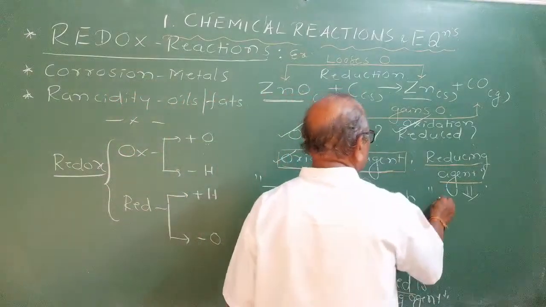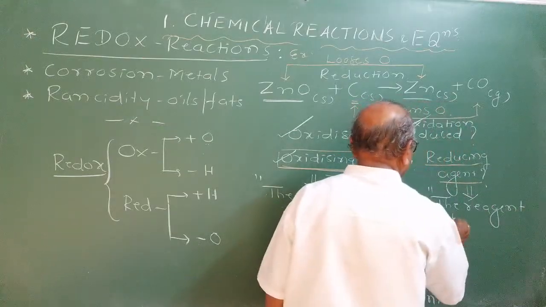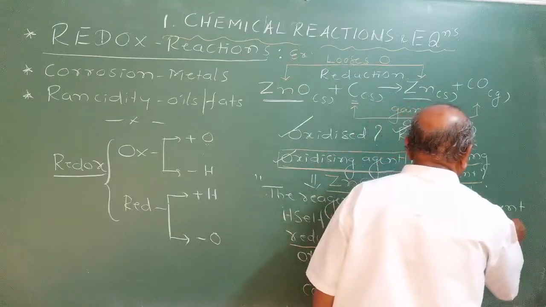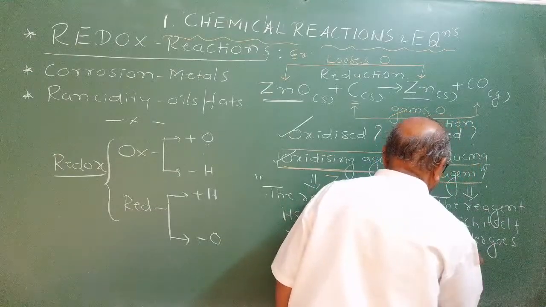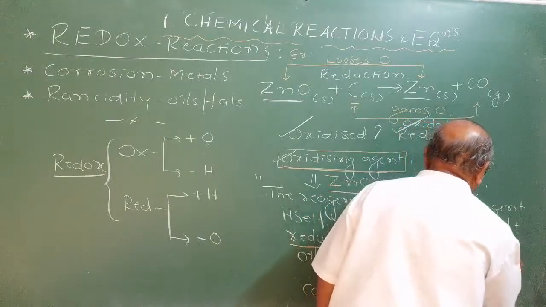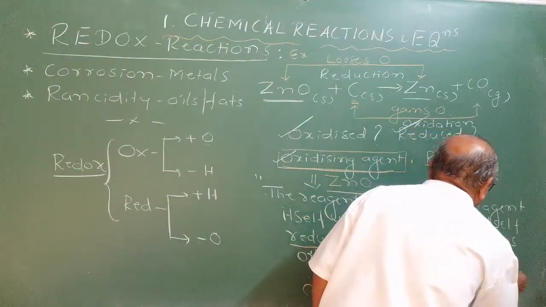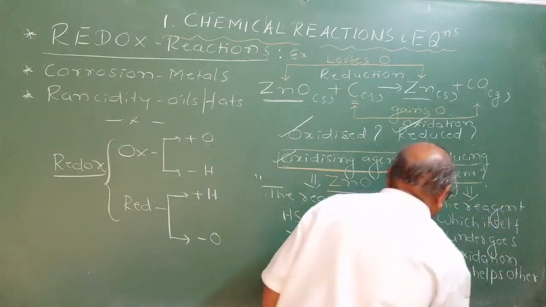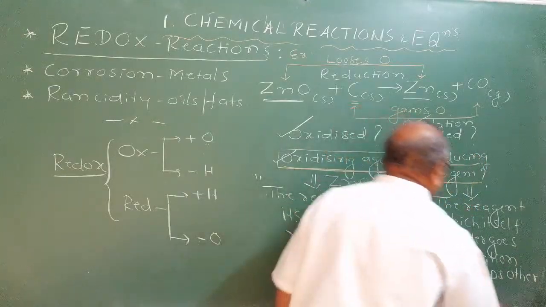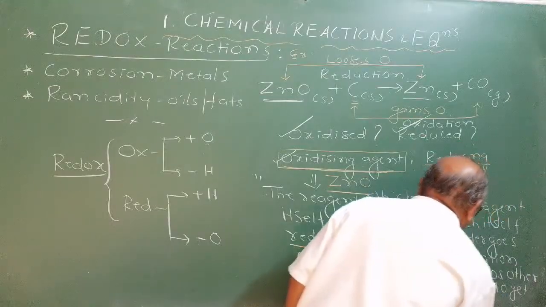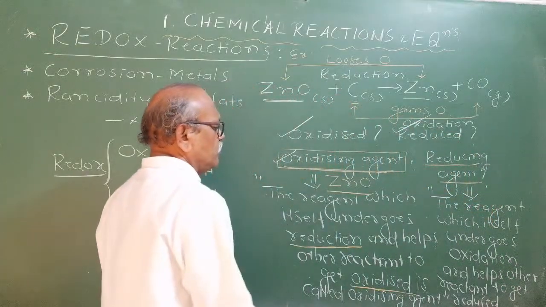The reagent which itself undergoes oxidation, a very important general definition, itself undergoes oxidation and helps the other reactant to get reduced, is called a reducing agent. Now observe, which itself undergoes oxidation?